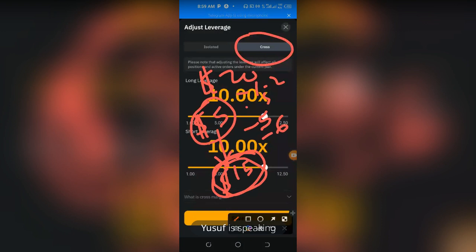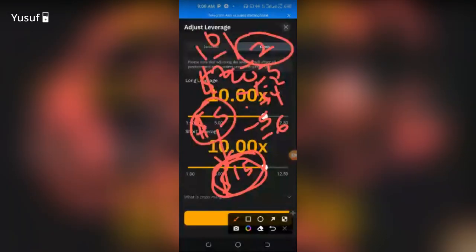Because the advantage is that the market may later reverse and the minus will now be reducing from -6 back to -5, back to -4, back to -3, back to -2, back to -1, back to 0. It will now go to plus again. 1, 2, 3, then you'll be on profit. So isolated has its own advantage.